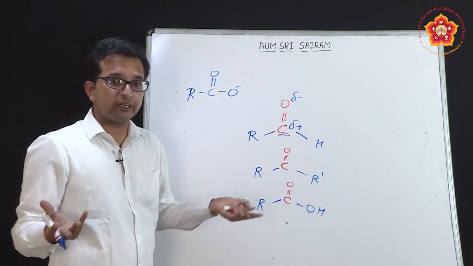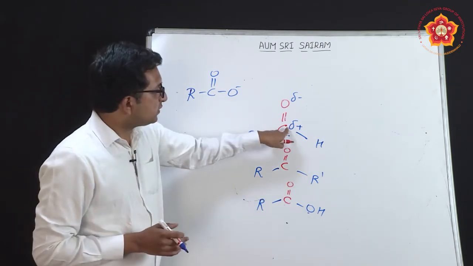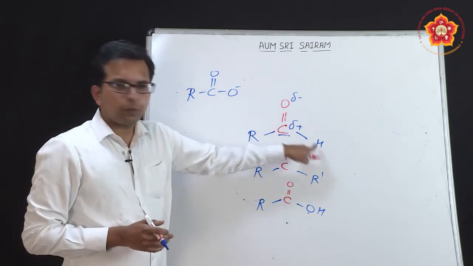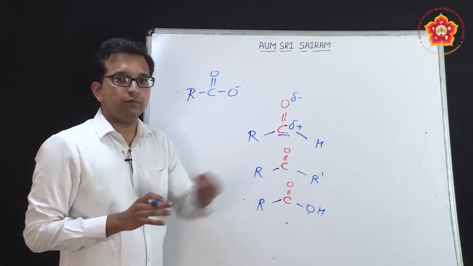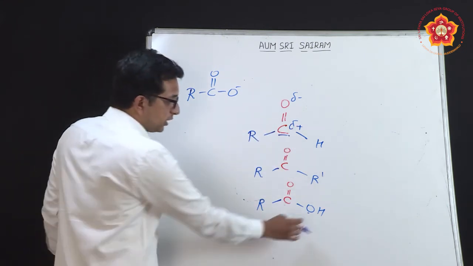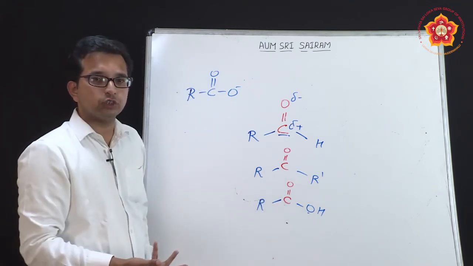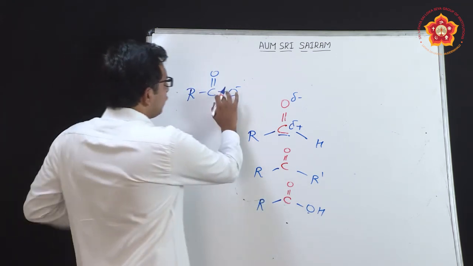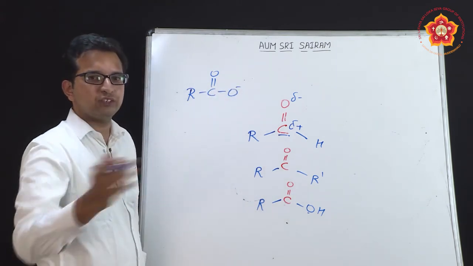Like charges, do they attract or repel? They naturally repel each other. If this is positive, another positive part cannot come and stay there, because the stability of the system will be disturbed. So this hydrogen cannot be positive, but this hydrogen can definitely be positive, because oxygen is electronegative and hydrogen is positive. So in this case, if you undertake a separation, RCOO minus and H plus go away.